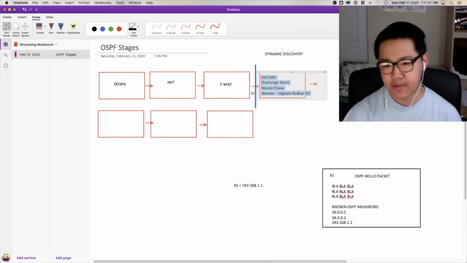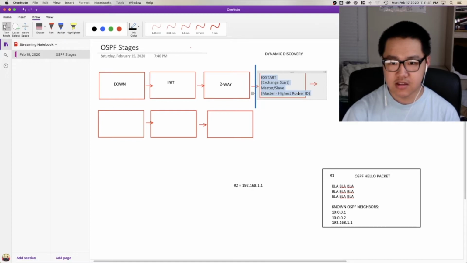One other thing to know about the exstart state. If you have a problem in your topology, a lot of those problems cause your router's neighbor adjacencies to stop at exstart. Prime example, a super common issue is if you have an MTU mismatch.